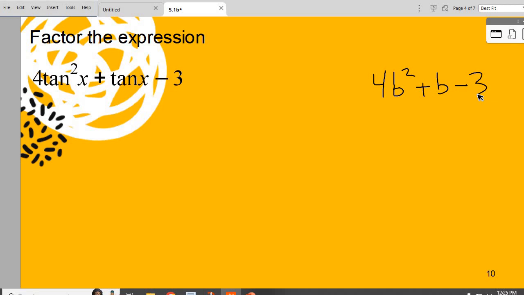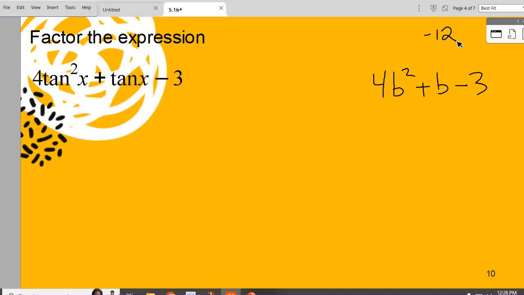So, remind me, what does our AC method tell us to do? Multiply what and C? A and C. Okay, so we get negative 12. Okay, so do we have two things that multiply together to give us a negative 12 that add together to give us a positive 1? Positive 4 and negative 3.